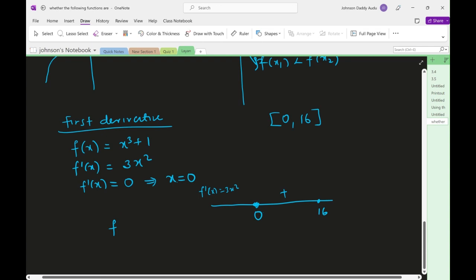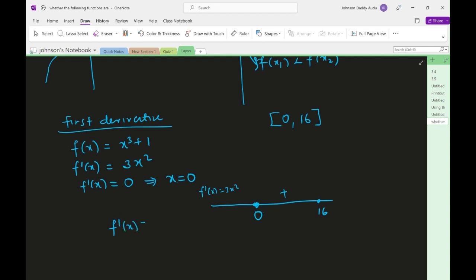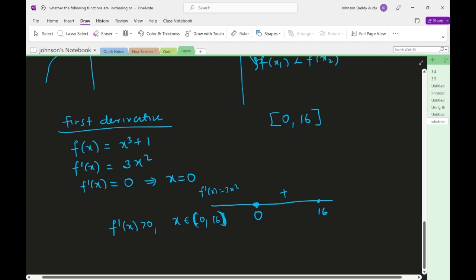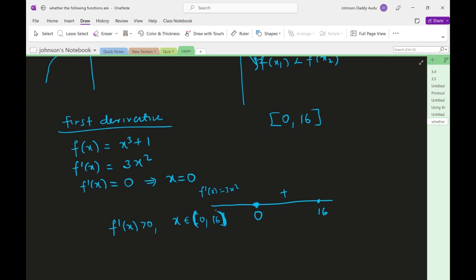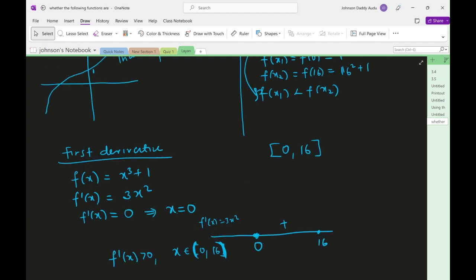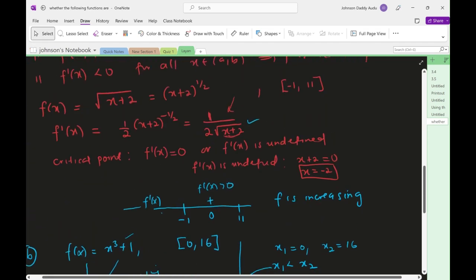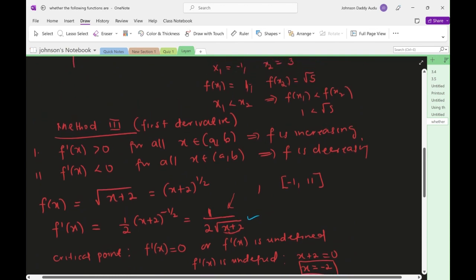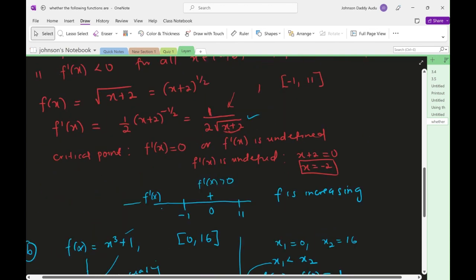So what we are saying is that f prime of x is always positive for any x you take, as long as you take x inside 0 and 16. It doesn't have to be closed, open is okay. It should be open, because if you look here, we are using open (a, b), not closed.